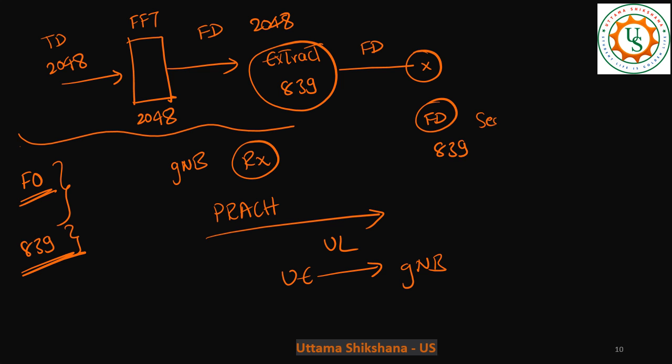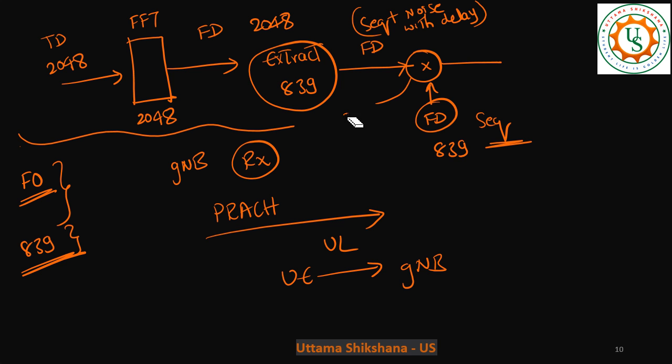This locally generated one is the pure sequence, but the received one will be sequence plus noise with delay. All the impairments have come from the channel, but this is a locally generated sequence. So why do we do this multiplication?